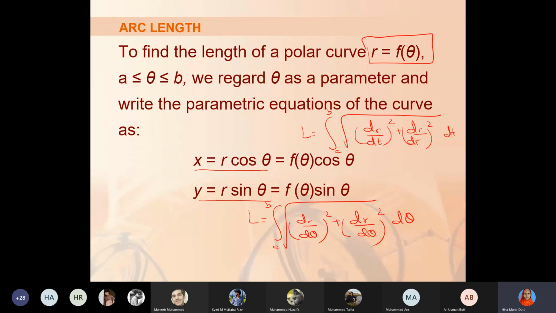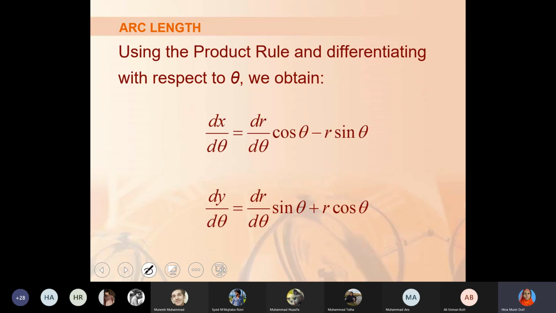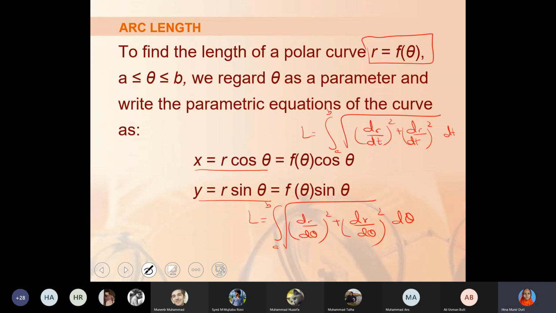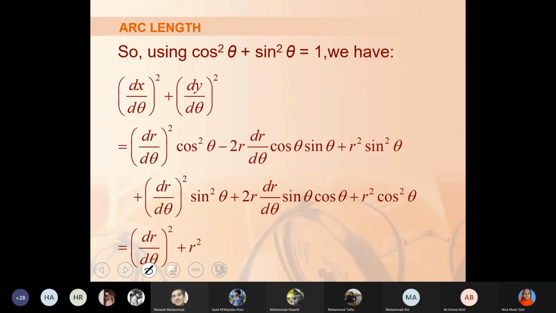We can further simplify this expression, the expression inside the square root, that is this. This is dx. We can further simplify this expression by putting the values, and we get this value.